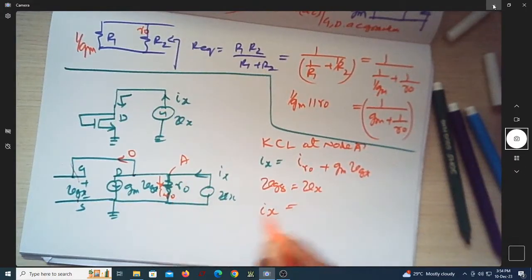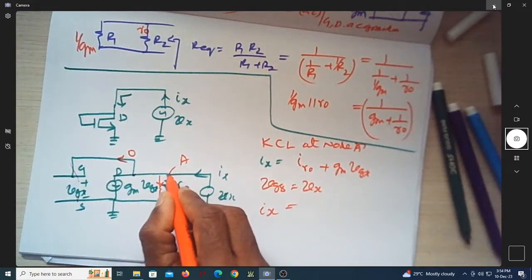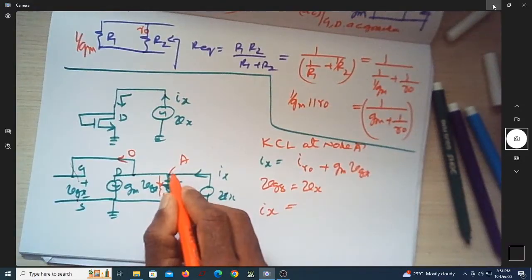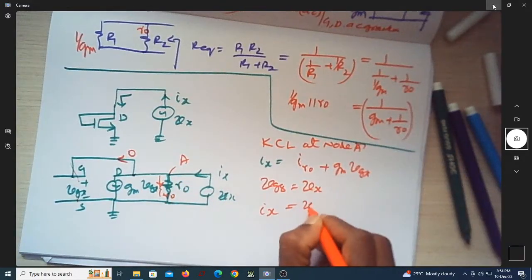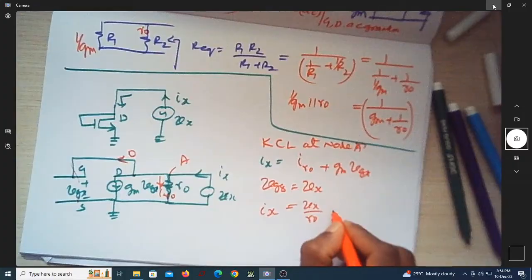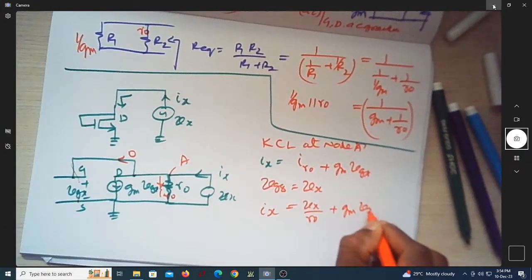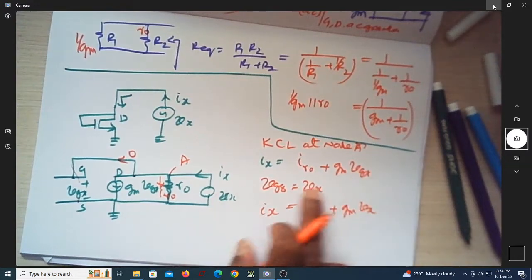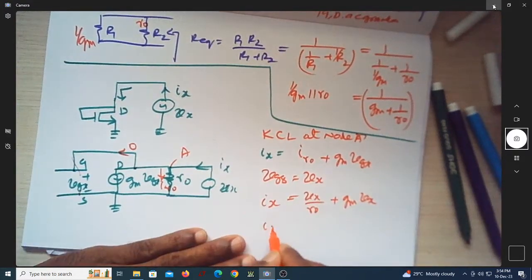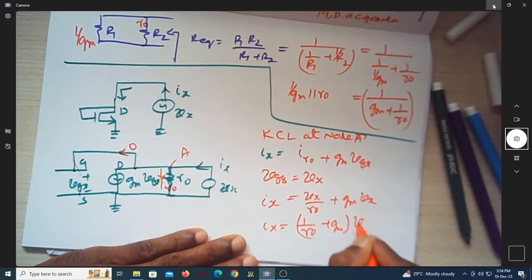Is it not Vx by r0? Because this is Vx, this is 0 potential, so Vx by r0 plus gm into Vx, because VGS is now Vx. So I can write Ix is equal to (1 over r0 plus gm) into Vx.